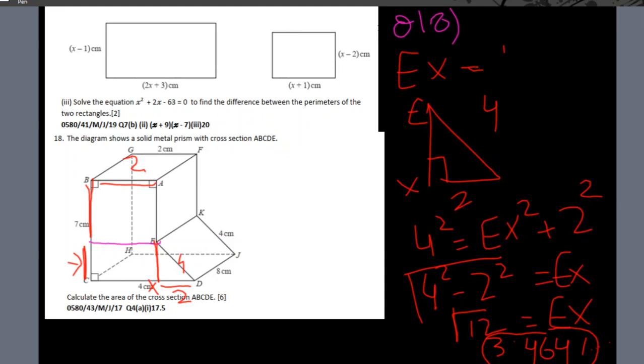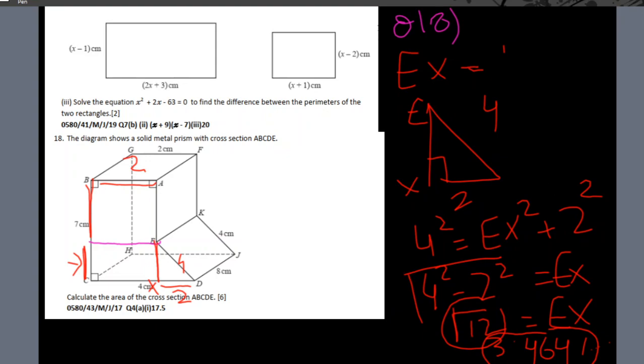But I'll try to stick to root 12, so that when I enter root 12, I'm not rounding off some of the values. The calculator will be using root 12 completely. If I enter 3.4641 and ignore the rest of the values, I am ignoring some of the values. So let's try to stick to root 12.